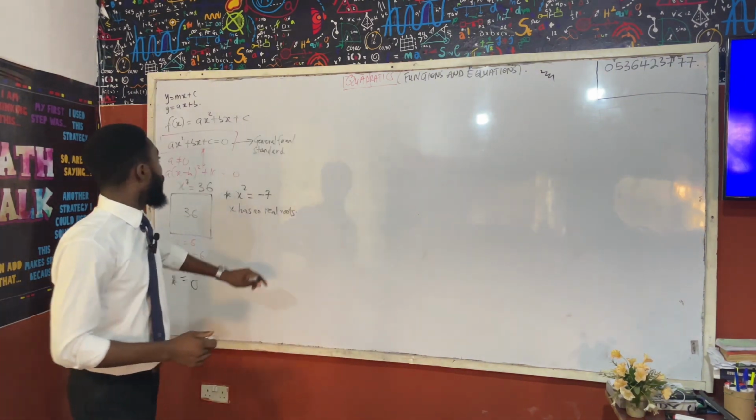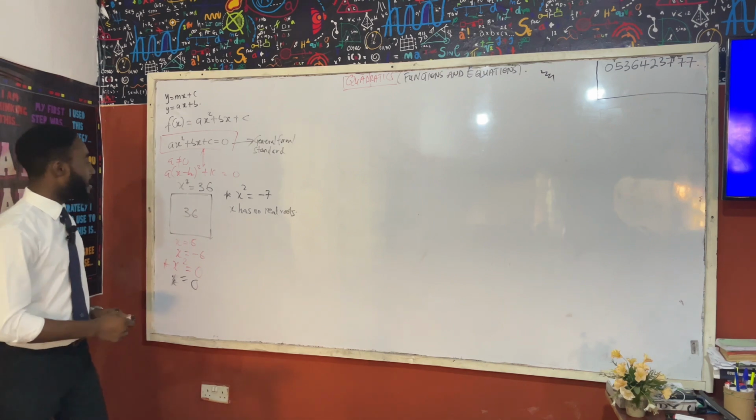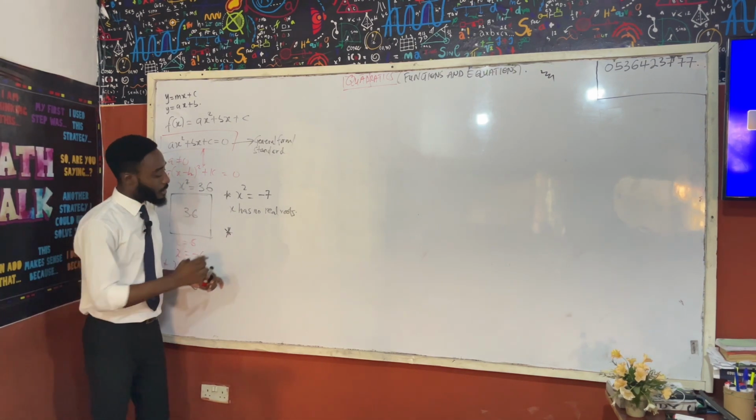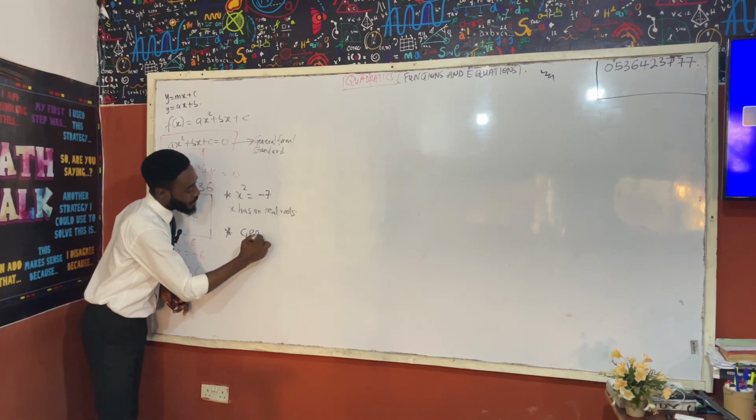All right, so there are basically three ways of solving quadratic equations. Either we use a graph, a graphical method.